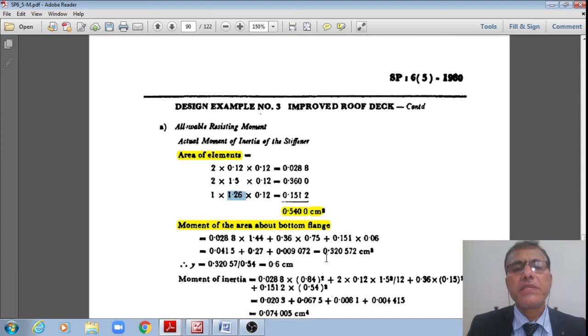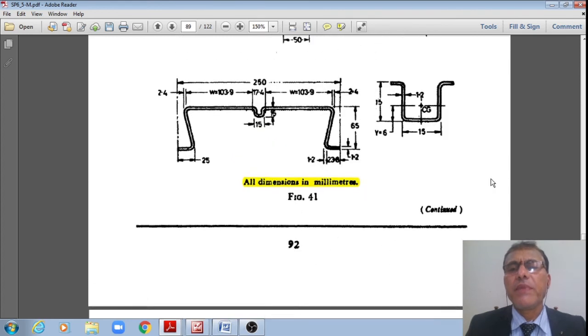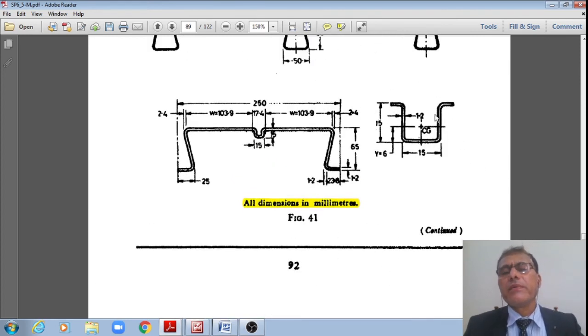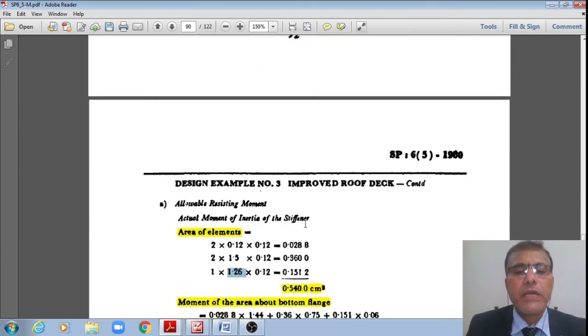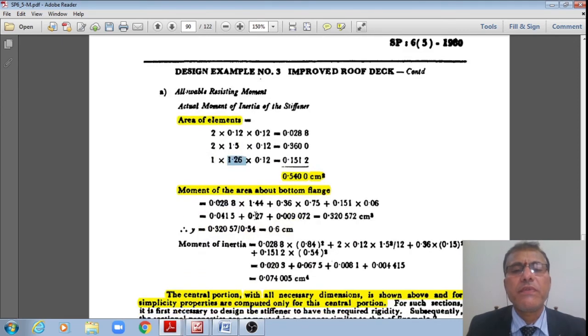And the first moment of this area about the bottom flange of this stiffened part. Now we are calculating the CG of this part, student, and just now we have calculated the area of these two and of this curved portion. Now I'll calculate the first moment of this area.